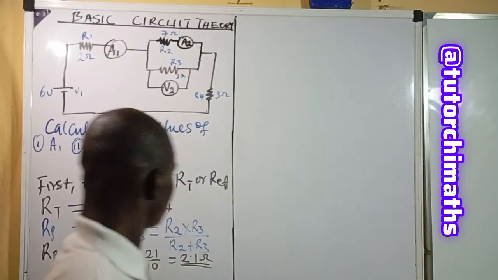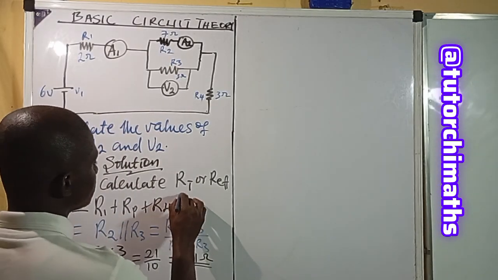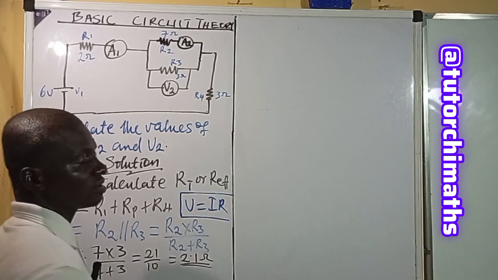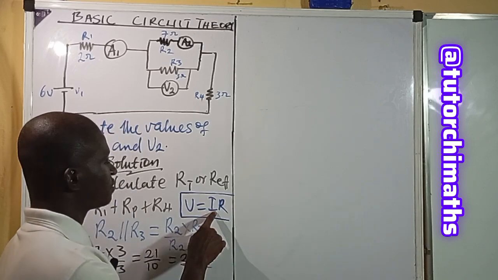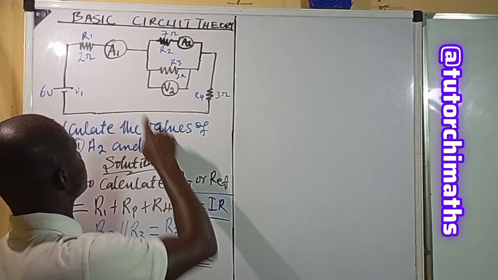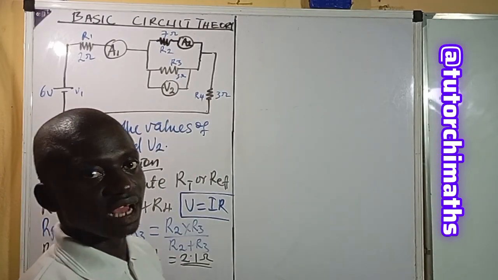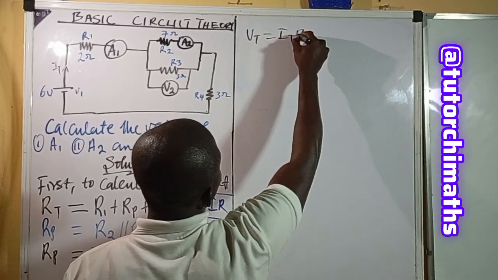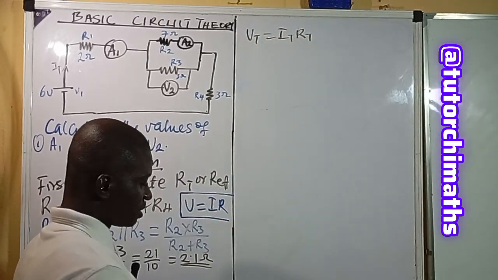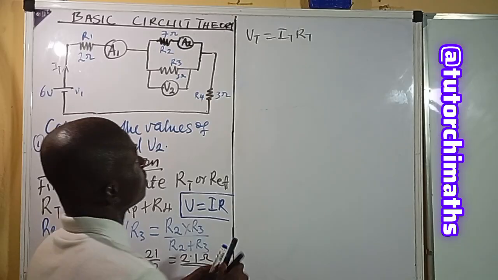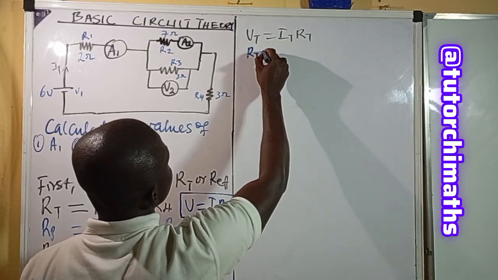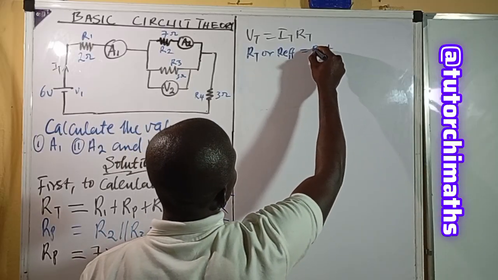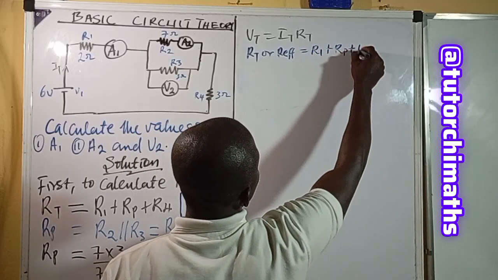Now remember Ohm's law: V equals IR. Let's use it to find the value of I, and this I is equivalent to A1, which is the ammeter reading. IT is equal to Vt over RT. Here, our R effective is equal to R1 plus RP plus R4.